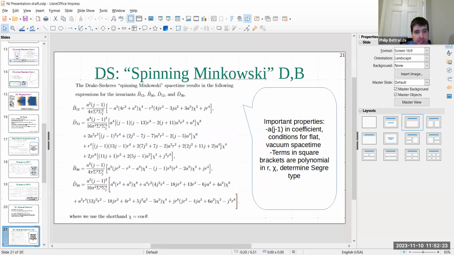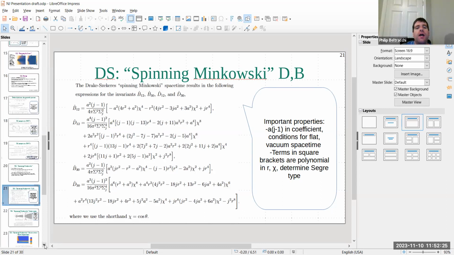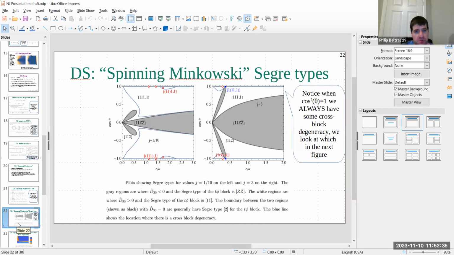So we can look at what the Segre type of the various blocks is for this spinning Minkowski space-time. We get that in regions where this D30 is negative, we have the ZZ bar complex conjugate Segre type, that's in gray.